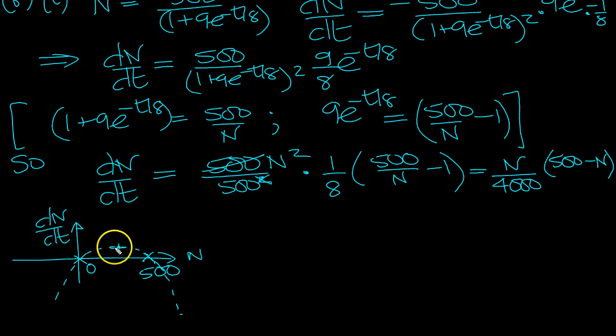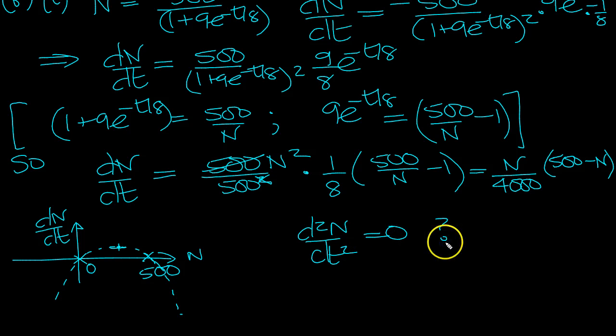It has a maximum here, doesn't it? That would be d2n by dt squared, the gradient of dn dt. Okay, let's see what we get here. No, that's not quite what we want to do, sorry.